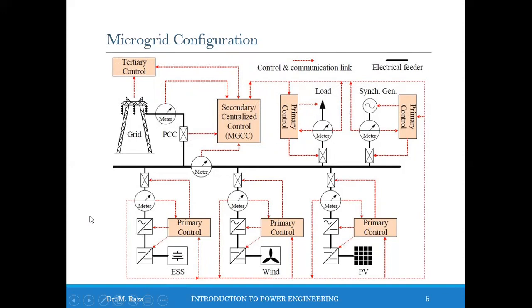As seen in this diagram, a microgrid typically contains a communication infrastructure between the microgrid central controller, abbreviated as MGCC, switches, components, primary control, and metering devices. Depending on the upper grid requirement and topology, there may also exist a communication pipeline between the MGCC and the tertiary control layer.